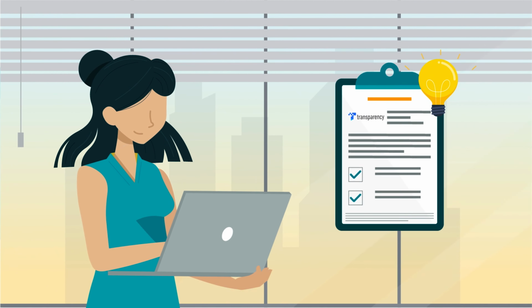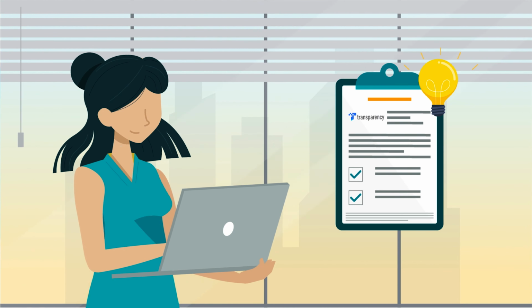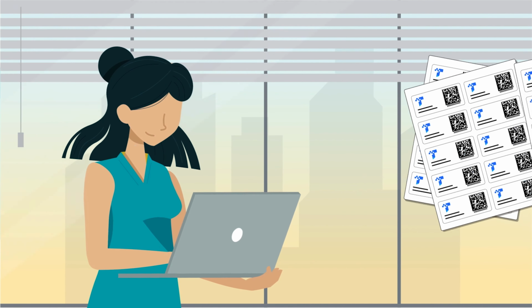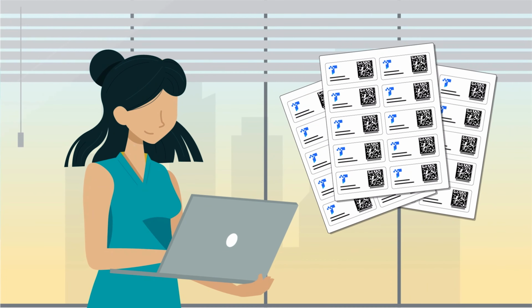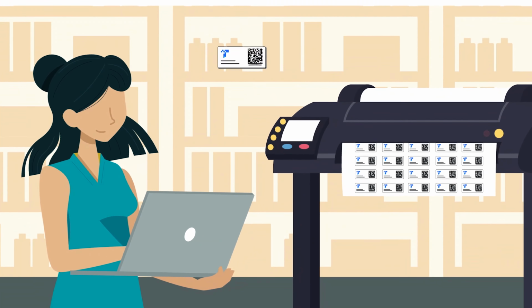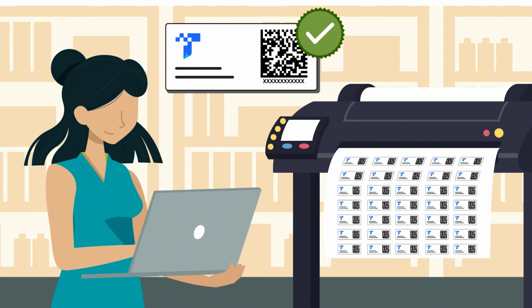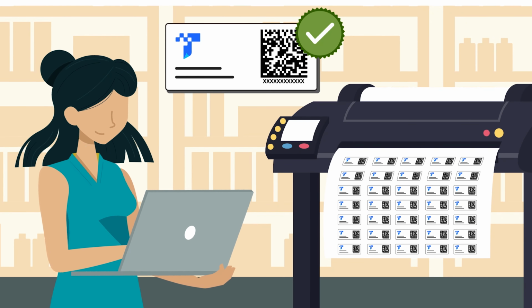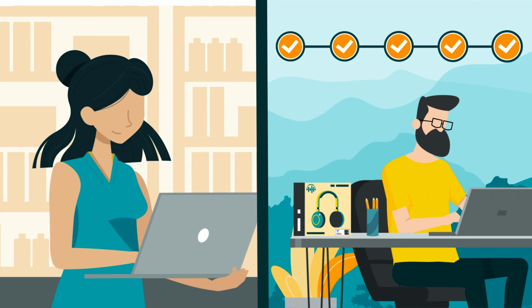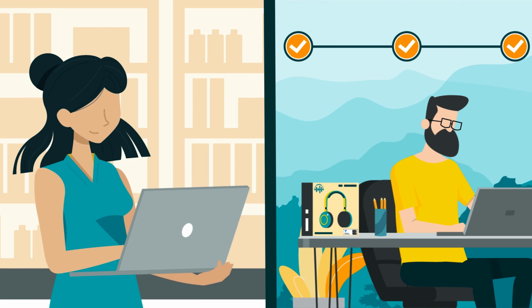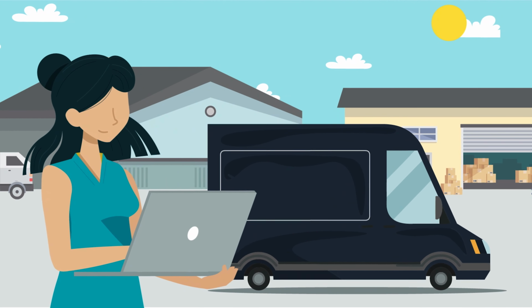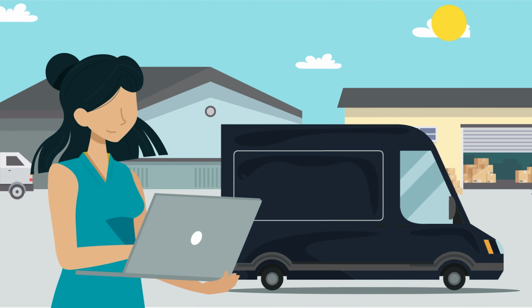TSPs have an expert understanding of transparency's brand guidelines and how to print the required serialized barcodes. These vetted printing companies help reduce the risk of barcode printing mistakes, remove extra steps from your production workflow, and can ship labels directly to your manufacturing location.